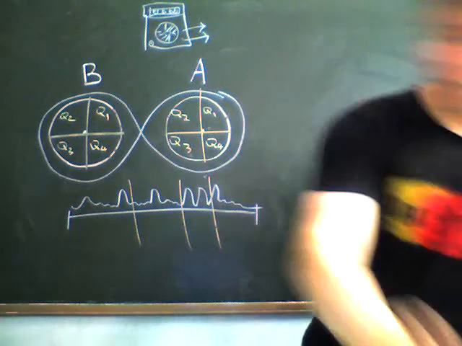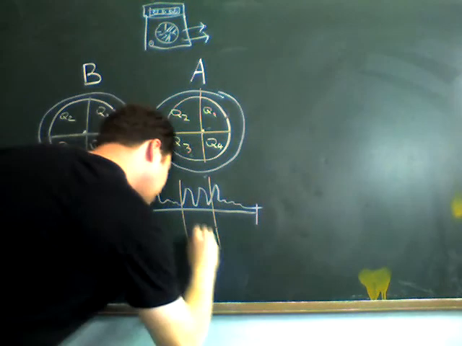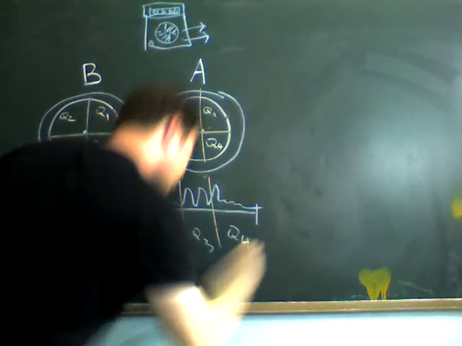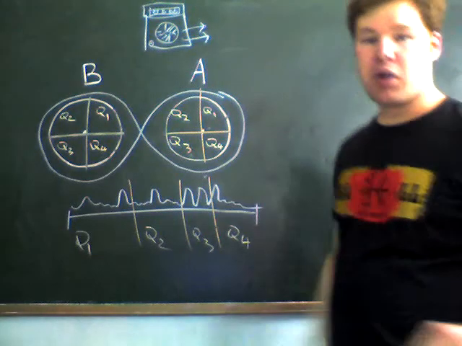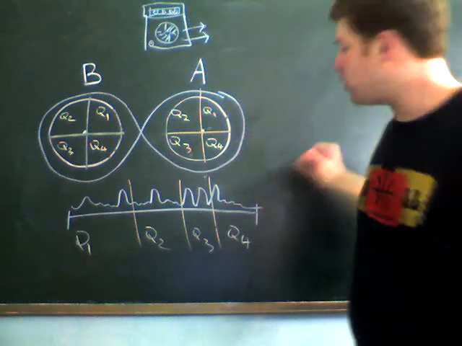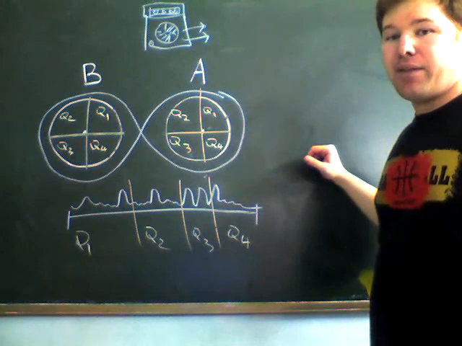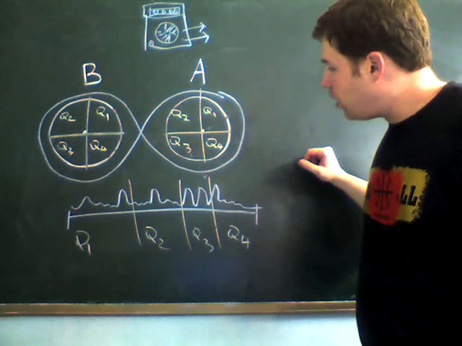So it's going to be Q1, Q2, Q3, Q4. This is really what we need to understand. This is the waveform that's going through the coils or the conductors or whatever it happens to be.